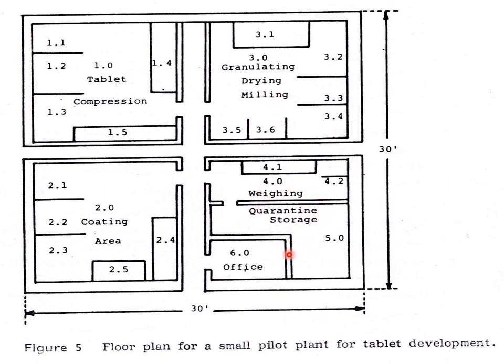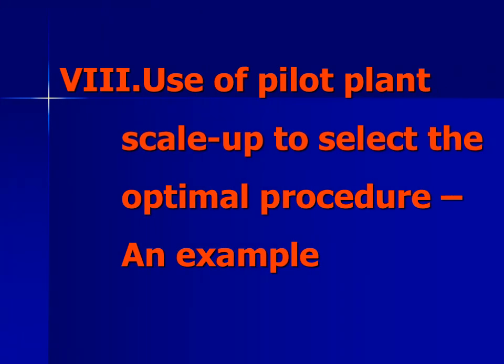Weighing and quarantine, fewer machines are there. Coating area also very few. This is also possible. Just imagine, very easily any organization can set up a pilot plant for newer formulations, right? Tablet compression, coating area. This is for quarantine and storage.